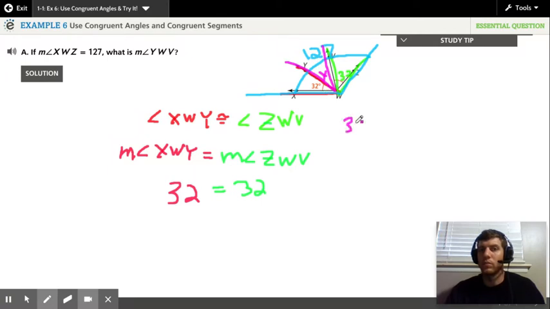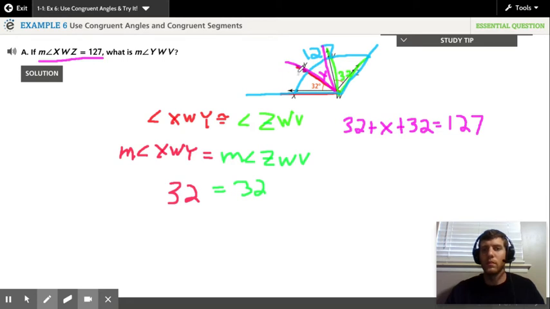So 32 plus X plus 32. If we add all those together, we should get the whole thing. And we know the whole thing is 127.